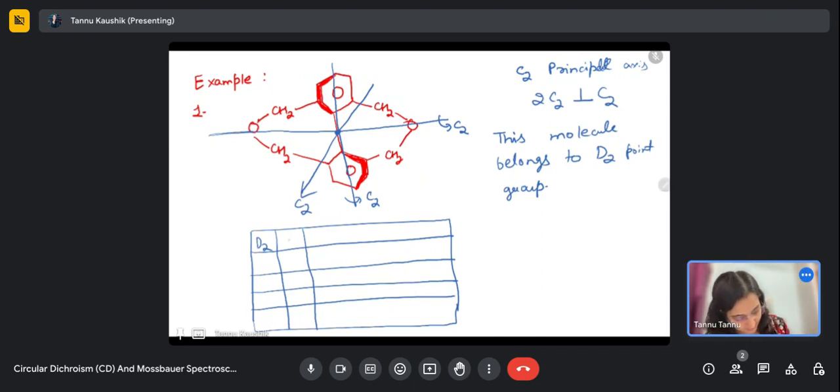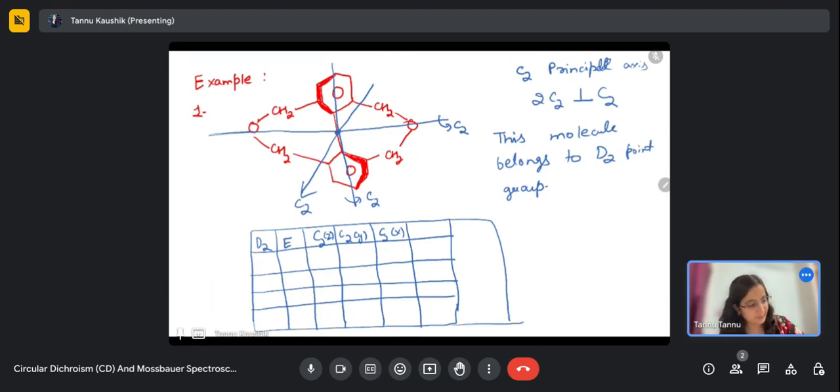Then we write the different symmetry elements and we classify them into particular classes based on some properties, or we can say some mathematical rules, which are designed for these character tables.